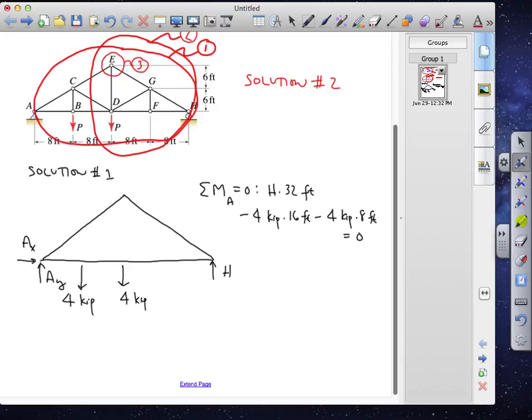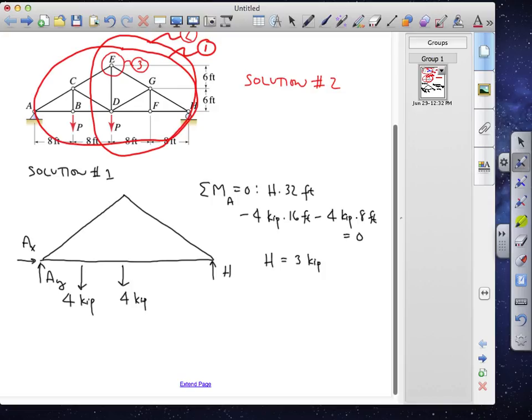And solving for H, we find right away that H is equal to 3-kip. If we wanted, we could complete this by recognizing that AY would have to be 5-kip and AX will be 0, but this is all we need right here.